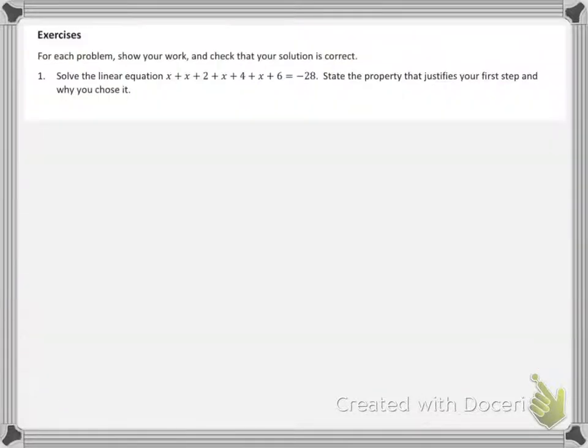Let's get started. Okay, before we do our work today, first of all, we have to solve the linear equations given and state the property that justifies our first steps. And in order to do that, we need to know what those properties are. So I want to put this up so we can see it first.